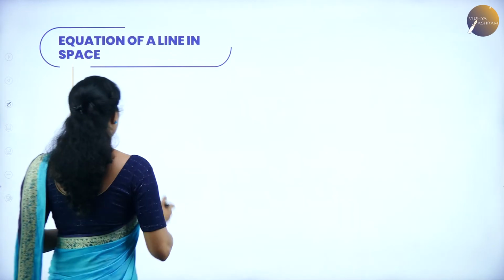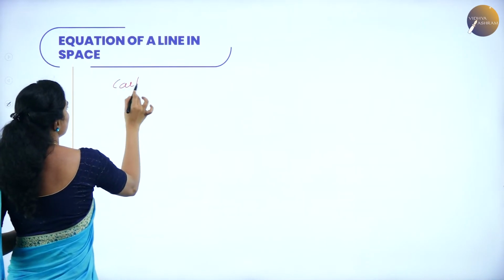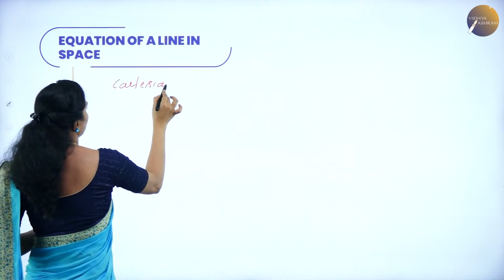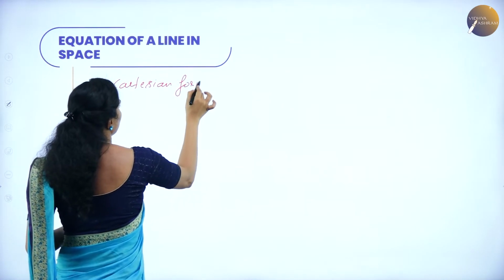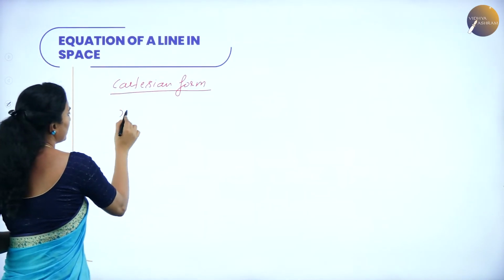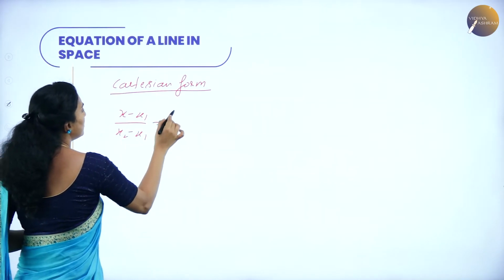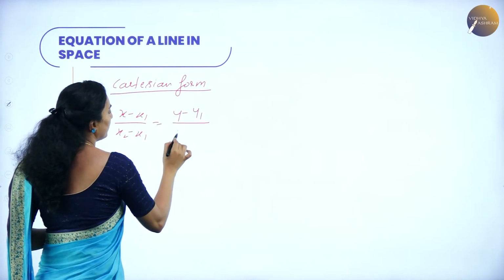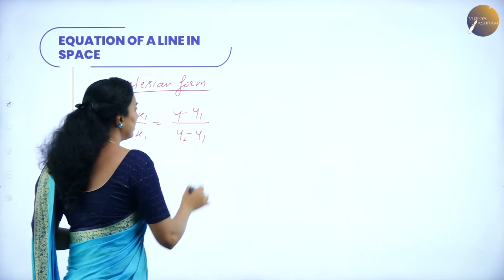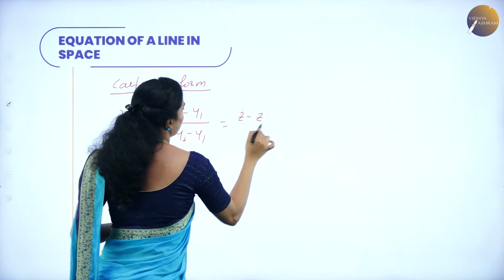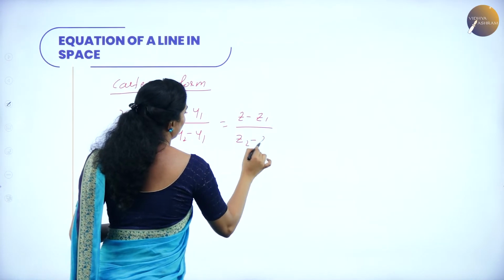Now what is a Cartesian form? So Cartesian form is given by x minus x1 divided by x2 minus x1 is equals to y minus y1 divided by y2 minus y1 is equals to z minus z1 divided by z2 minus z1. Correct?